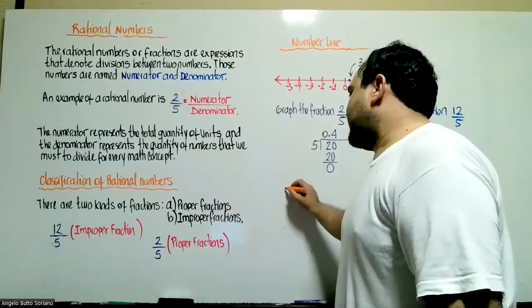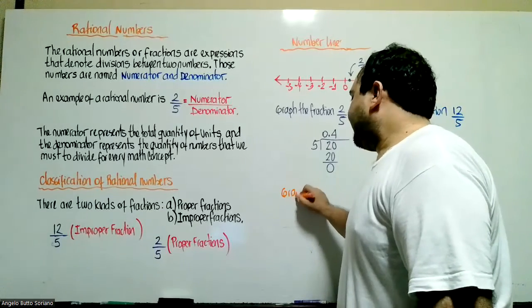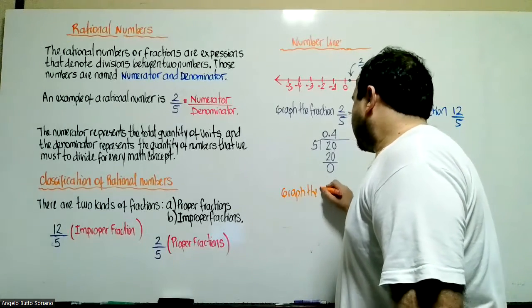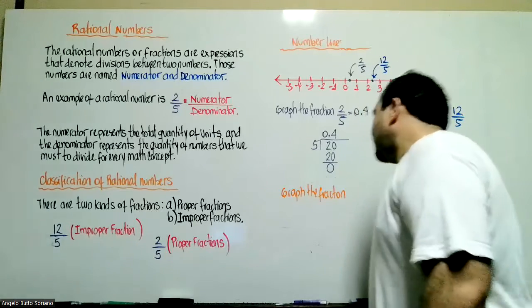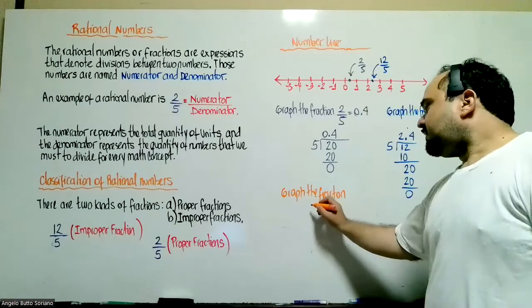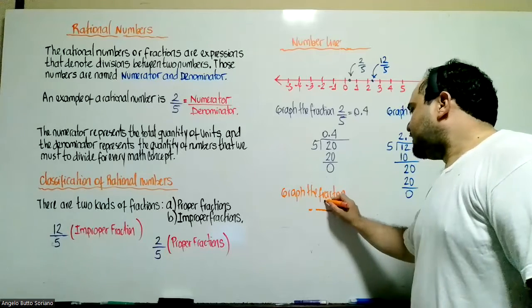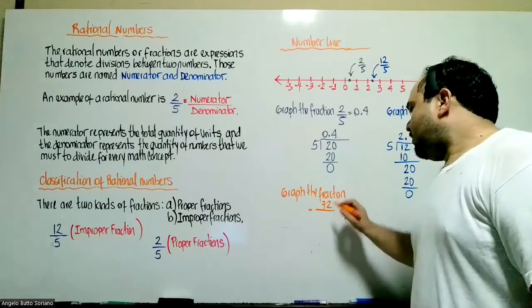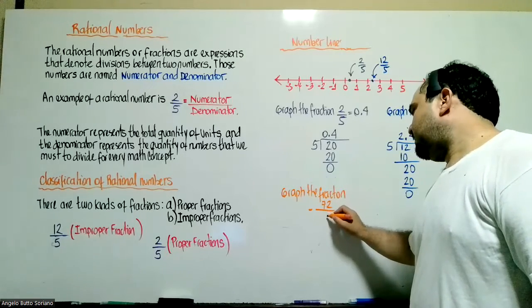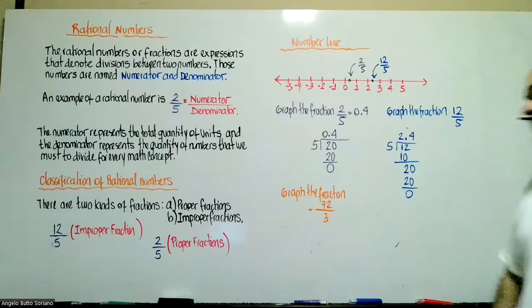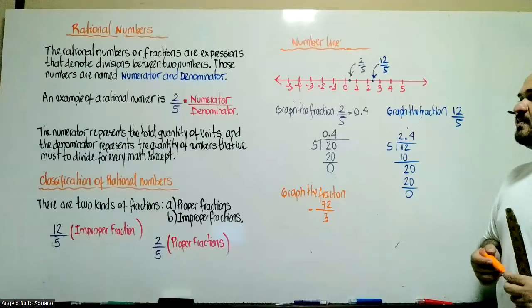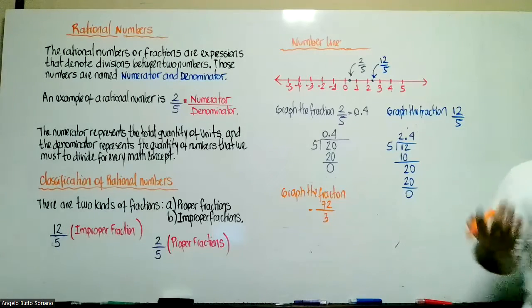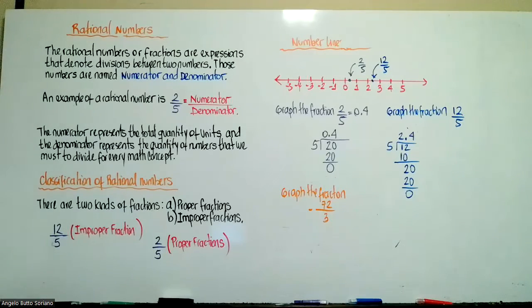Okay, just in case we want to graph the fraction negative 72 over 3. We can simplify this fraction. This is a negative value, and sometimes we get decimal numbers, but sometimes we get a whole number.